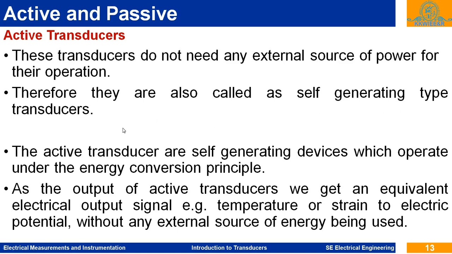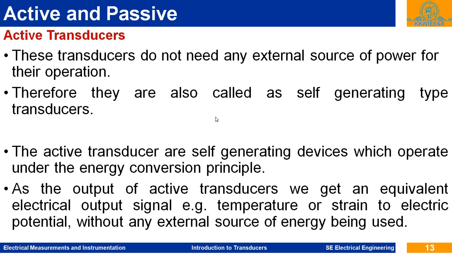When they convert the physical quantity into the electrical signal, based on the properties of the material or the working principle of the sensors, they will generate the electrical signal, or they will convert energy from one form to another form.